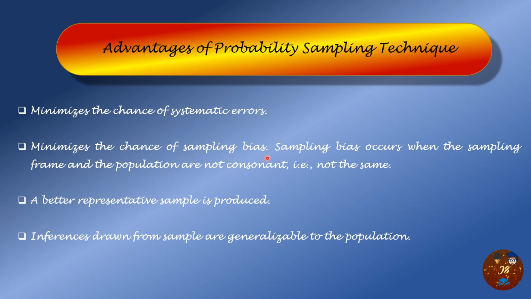Now, what is sampling bias? Sampling bias occurs when the sampling frame and the population are not consonant, means it's not the same. Suppose a research worker aims to do the research on the senior citizens, like the people who are above 60 years of age.